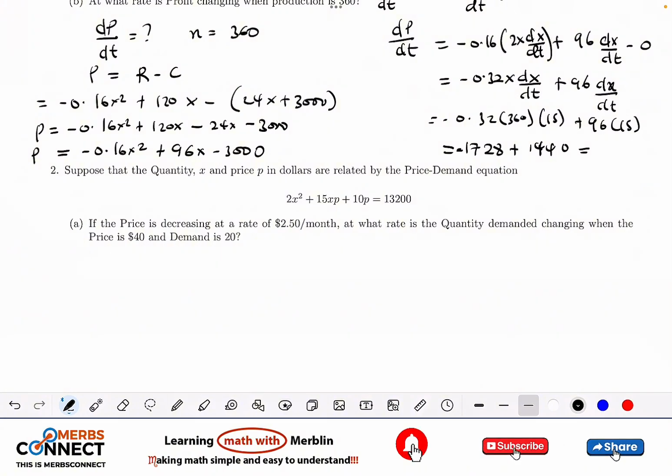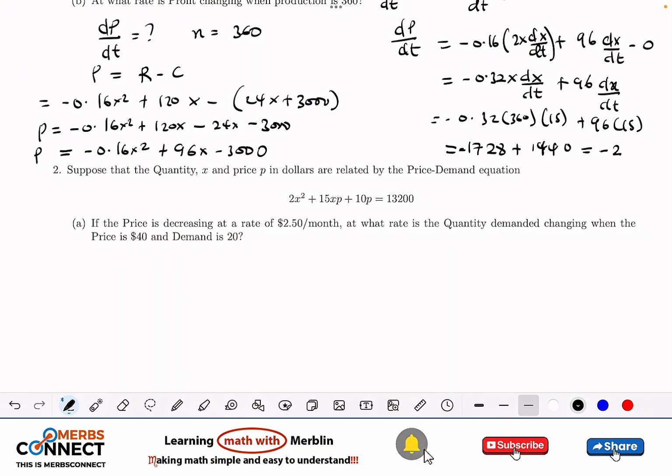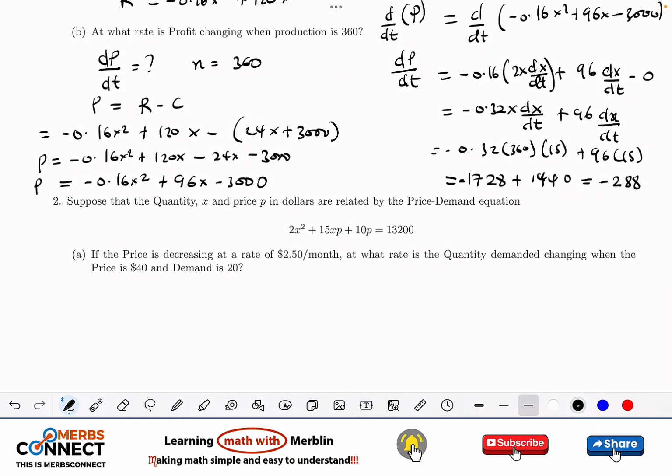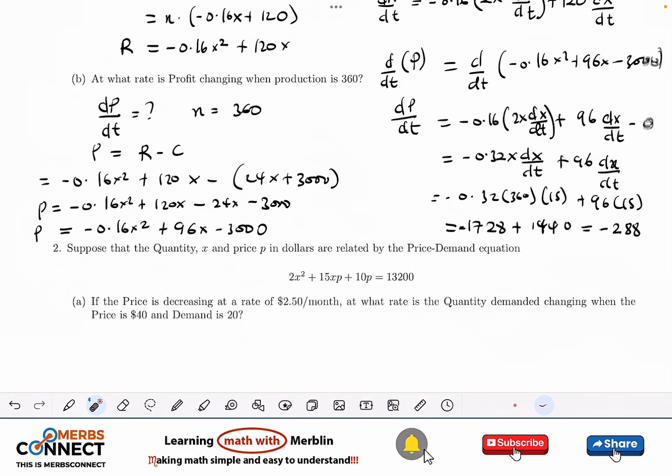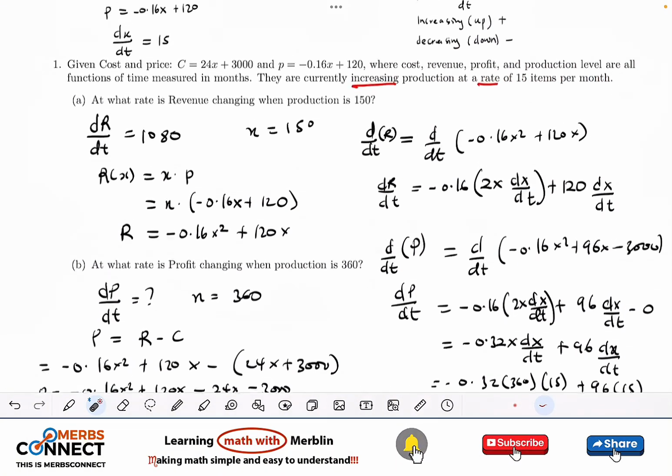And when I do the subtraction, I'll have negative 288. So this is what I'm going to get for the profit. So you see that if there is a change in the profit, we are going to get a deficit. Actually, it is going to decline, right? So that's what we are going to get for A and B.